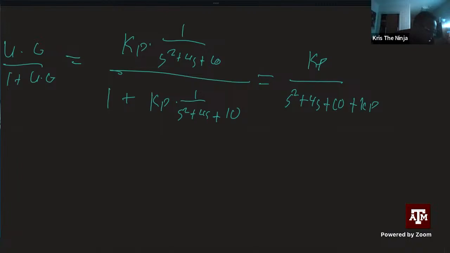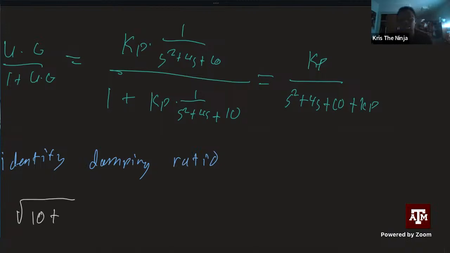So step two is to identify the damping ratio. Well, we know it's a closed loop, and we can say that omega n equals the square root of 10 plus Kp.